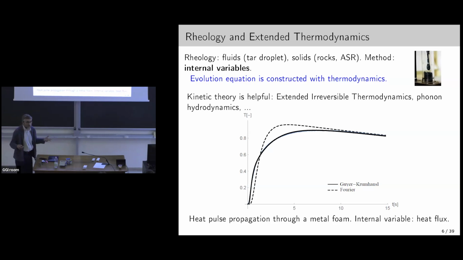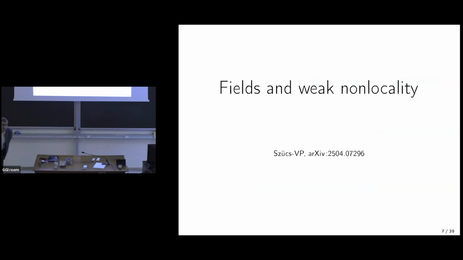No phonons, nothing, just structure, different structure. So my point is that evolution equations can sometimes be constructed and obtained by thermodynamics. Of course, kinetic theory is helpful. Guyer-Krumhansl is actually a kinetic theory. This is a linearized Boltzmann equation, which Guyer and Krumhansl invented for the description of second sound and ballistic propagation.